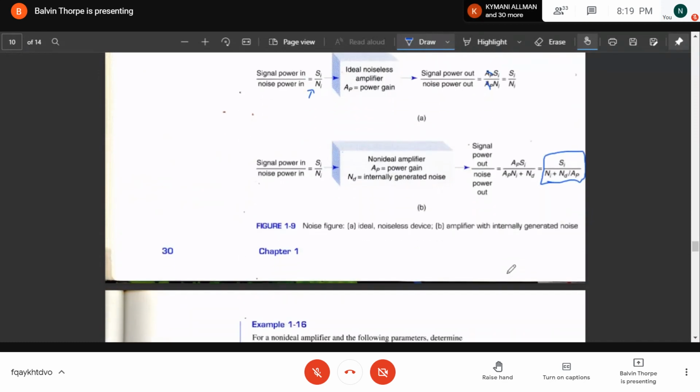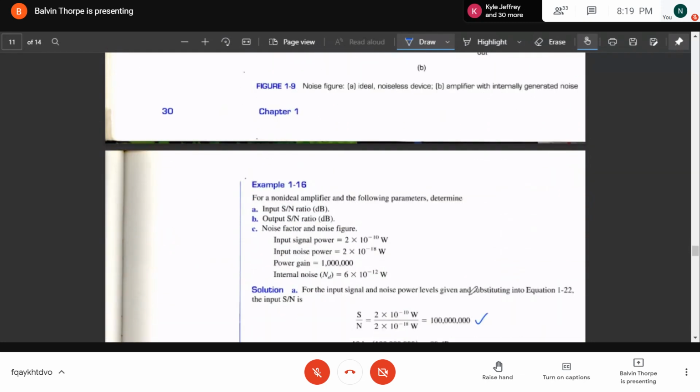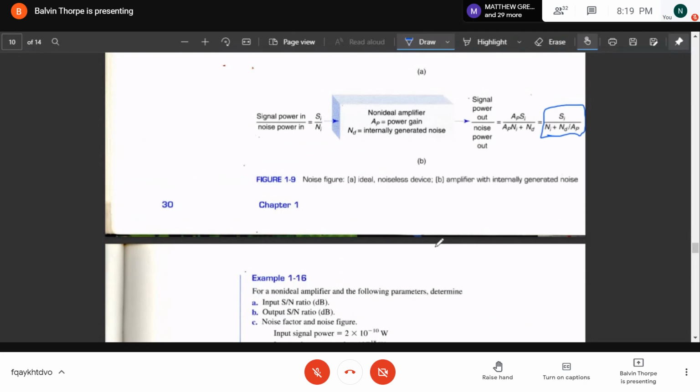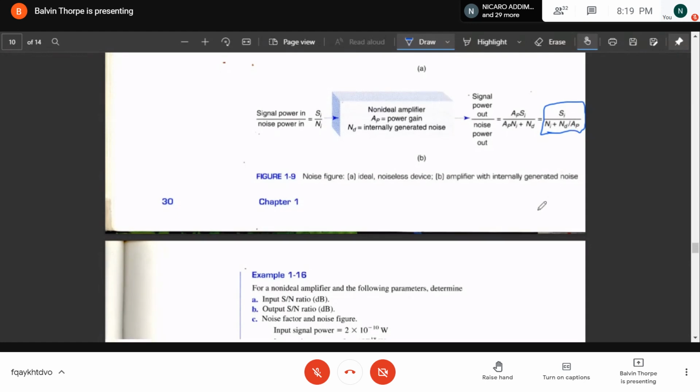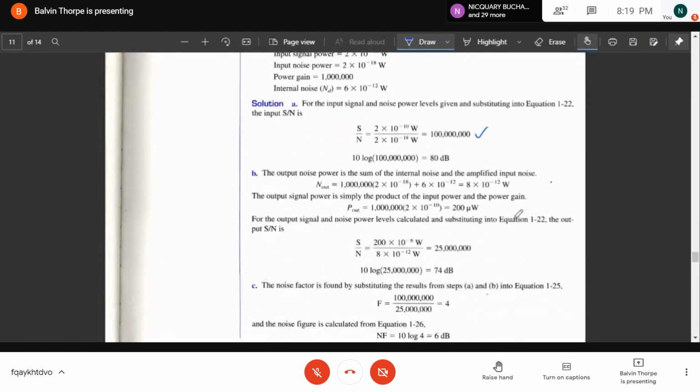Good. ND was given as 6 times 10 to the minus 12, and the gain is a million. So it's going to be 6 times 10 to the minus 12 divided by a million. So that's what we're doing here.